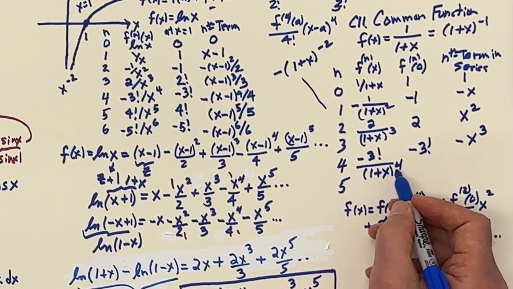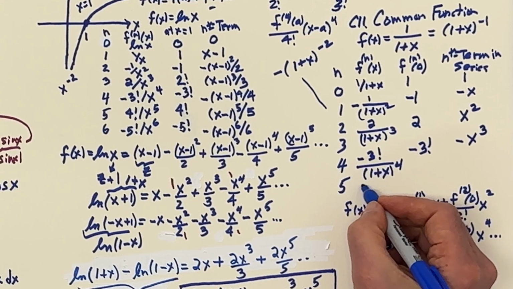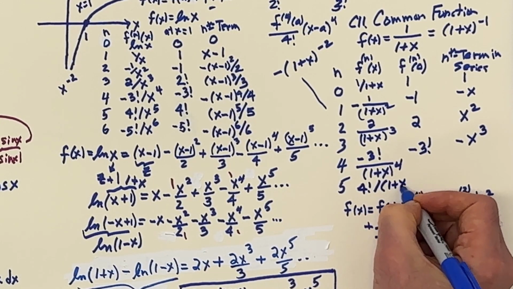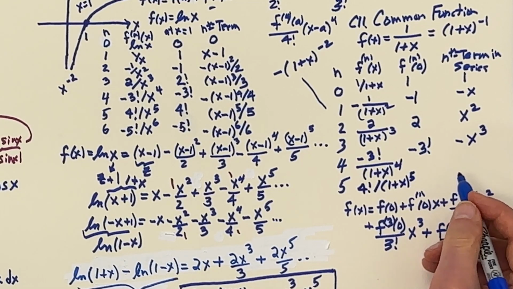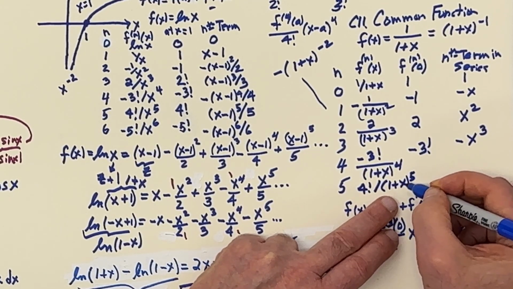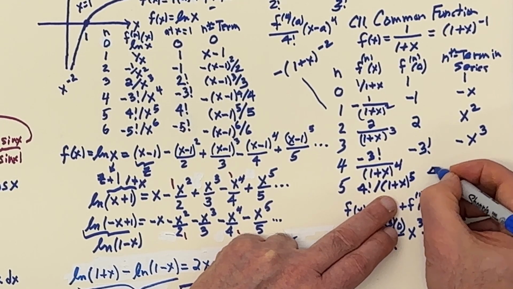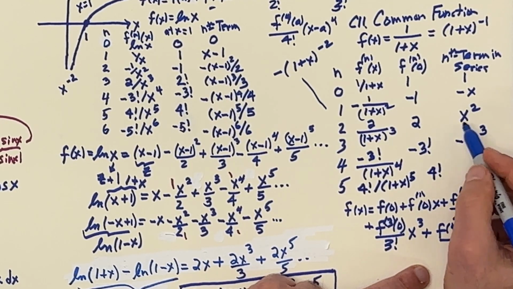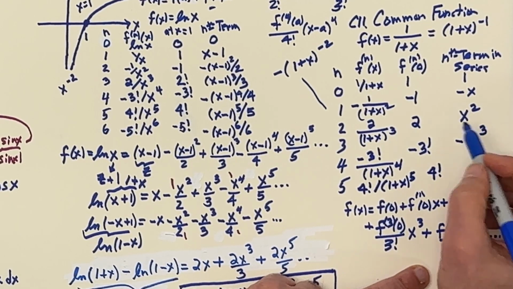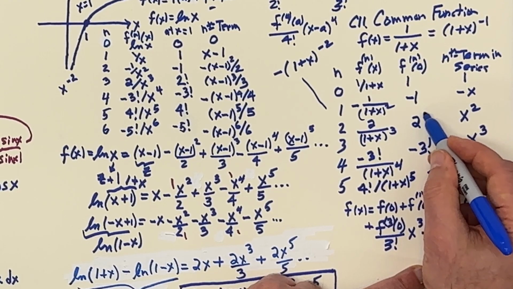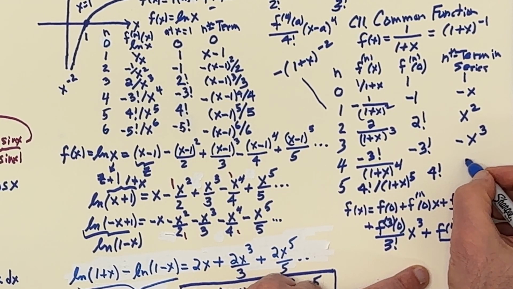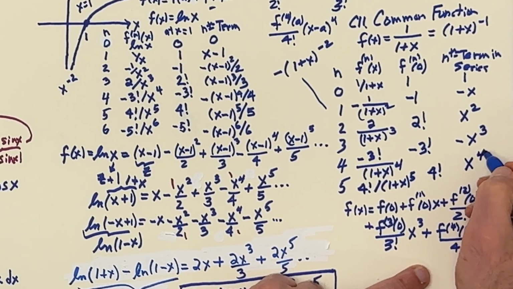So this one here, the minus 4 would come down, so you'd have 4 factorial, and then you'd have 1 plus x to the fifth power. Put in x equals 0, you're going to have 4 factorial. And then doing the same thing, you see the factorials cancel, so you're going to have here x to the 4th power.